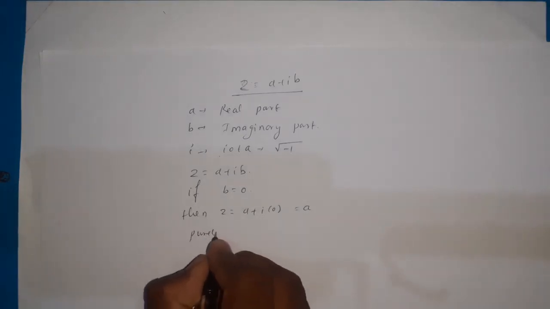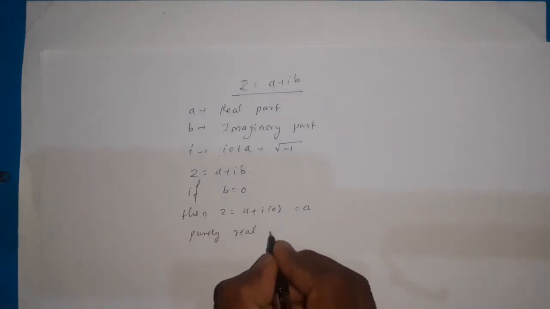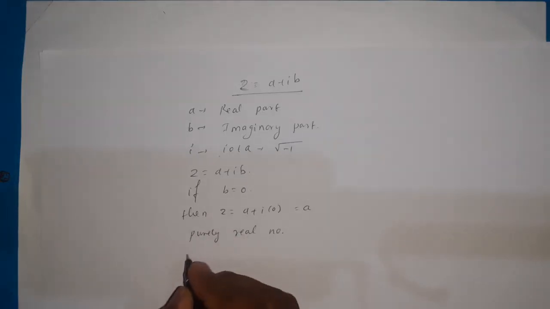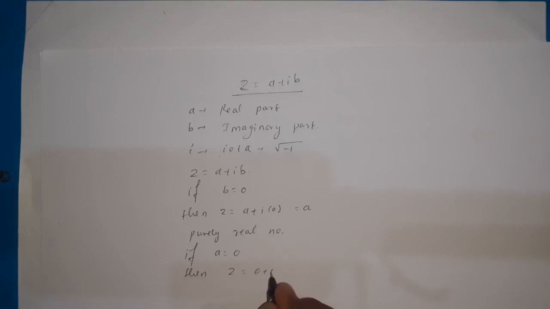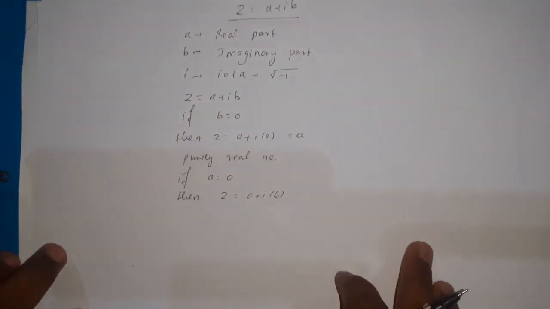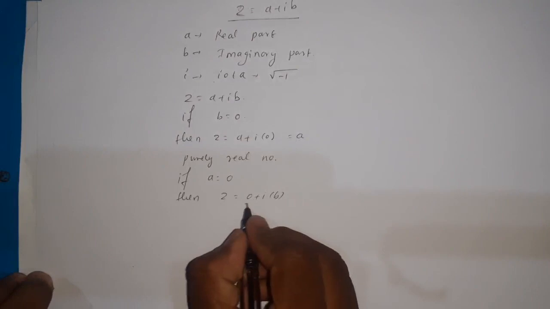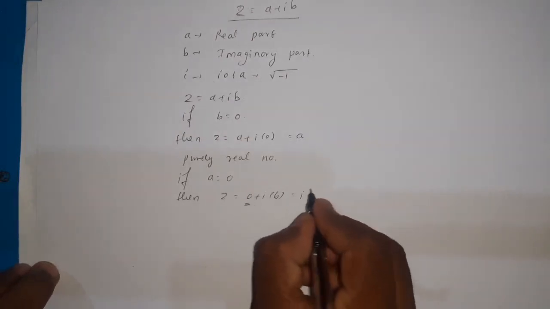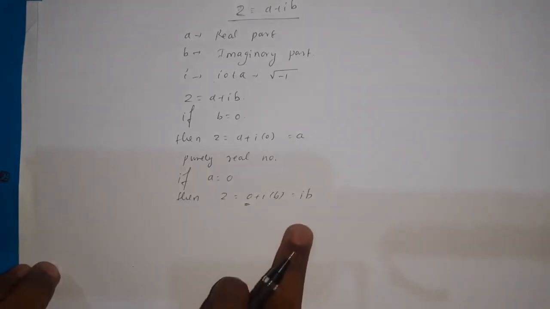And if a is equal to 0, then z becomes 0 plus i into b. In place of a we have 0, meaning there is no real part, it contains only the imaginary part.